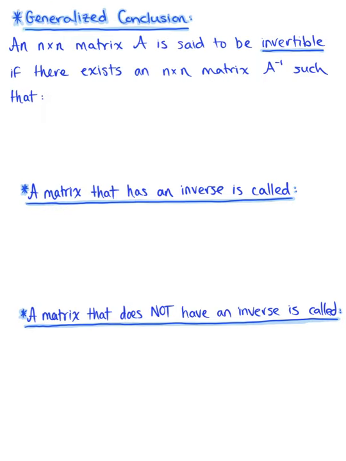So here we go. We want to summarize the matrix generalization for an inverse. So we say that an n by n matrix A is said to be invertible if there exists an n by n matrix defined as matrix A to the minus 1 such that the product of matrix A and the inverse of matrix A is equal to the n by n identity matrix, and that the product of the inverse of matrix A with matrix A is also equal to the n by n identity matrix.